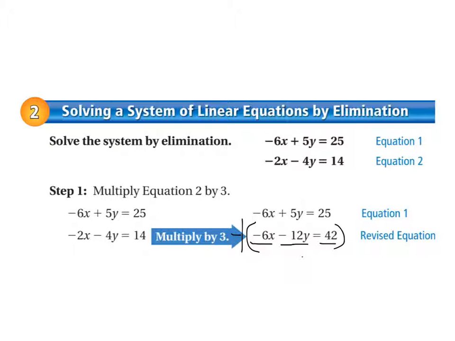So that would change this problem to plus 6x plus 12y minus 42. And if I do this, then I'll get the following.